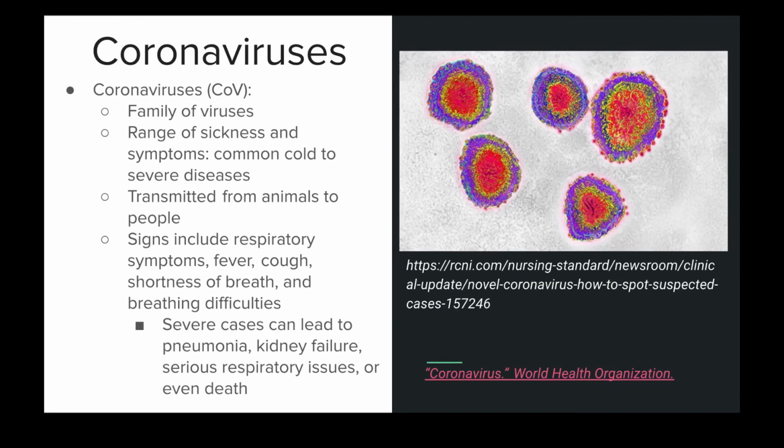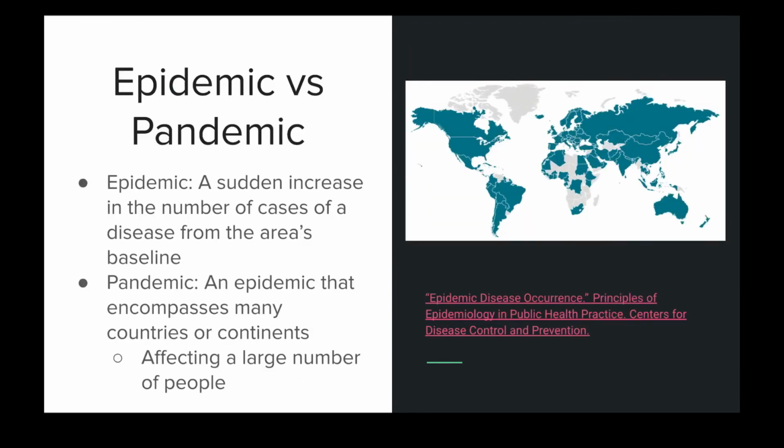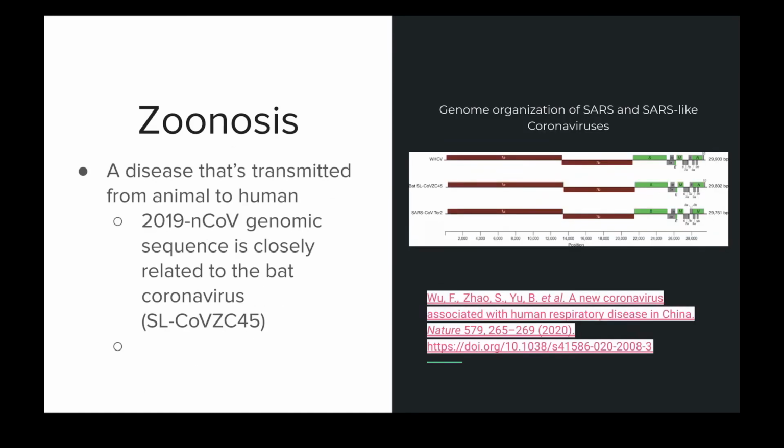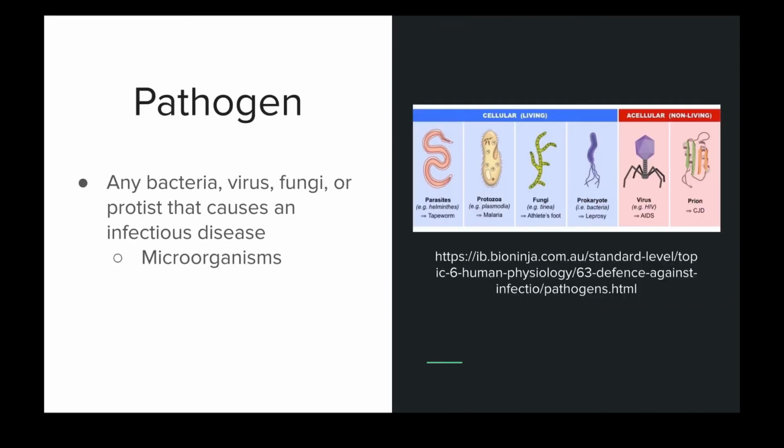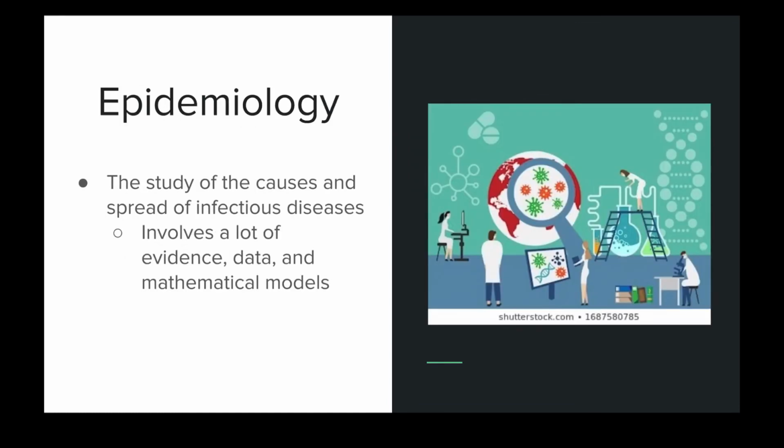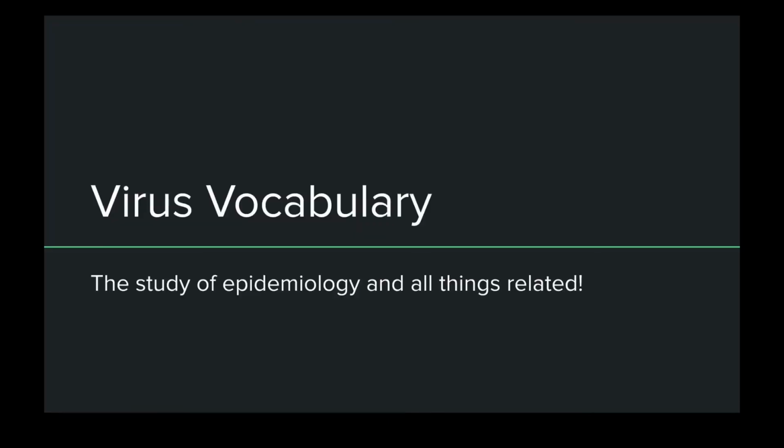Then we talked about coronaviruses, the entire family, epidemic versus pandemic, zoonosis, the virus, definition of a virus, different examples of a virus, pathogens, definition of pathogens, different categories of pathogens, epidemiology, definition, the field of epidemiology, and finally, back to the beginning, virus vocabulary.